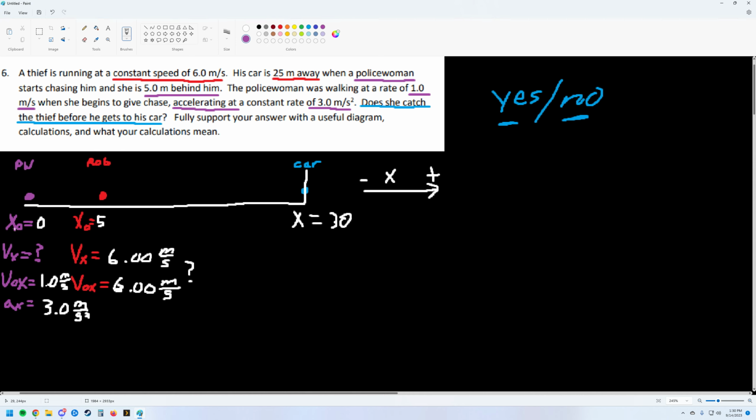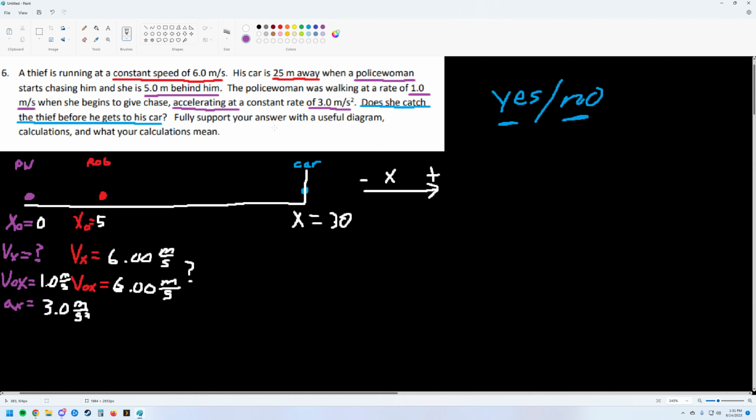We know the policewoman, we don't know her final velocity, right? We do know that her initial velocity is 1.0 meters per second, and she's accelerating at 3.0 meters per second squared. I'm pretty sure that's all the things that we have.